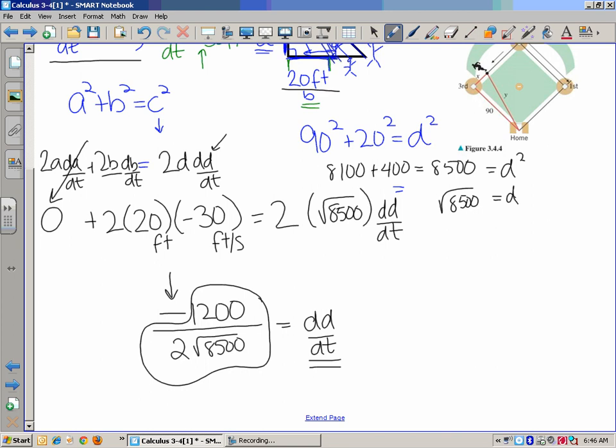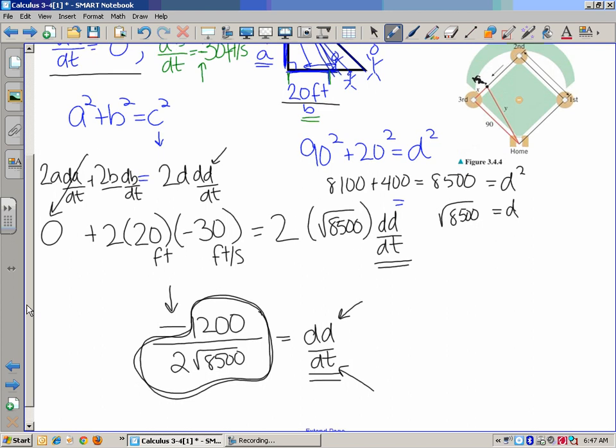The distance is changing in feet per unit of time, which was given as seconds. So the negative tells me it's decreasing. The boxed number here tells me the rate. That minus sign tells me it is decreasing.